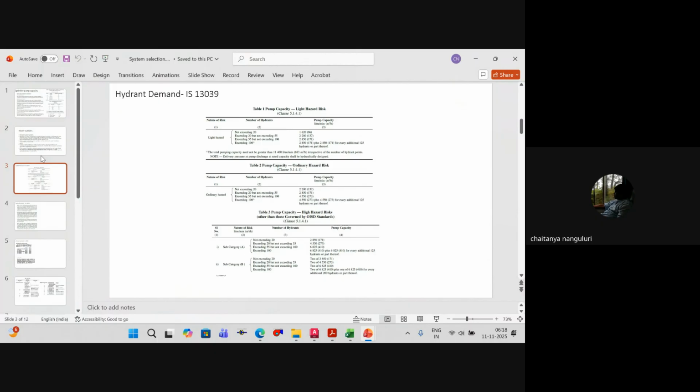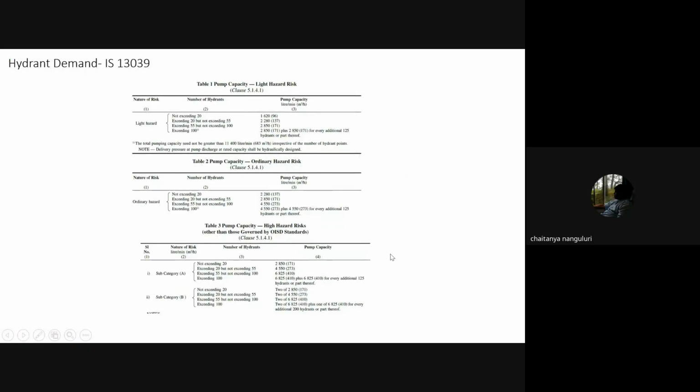Chaitanya, one doubt here. See, there is the word light, there is the word ordinary, there is the word moderate. Light is okay, but ordinary and moderate is a confusion for us. Ordinary and moderate is the same, no? See, there are three: light, ordinary, and extra hazard. Your ordinary and moderate are the same.